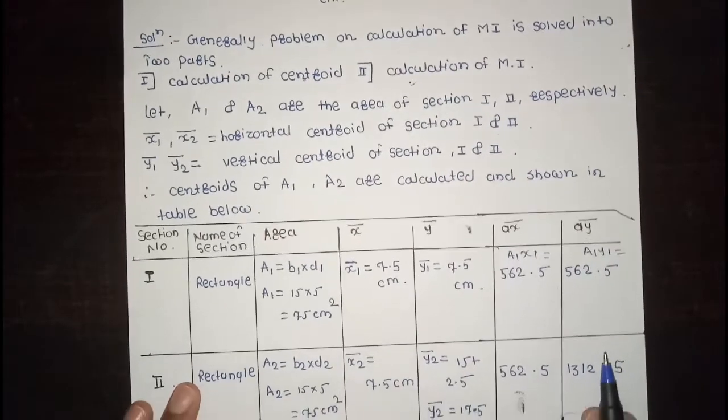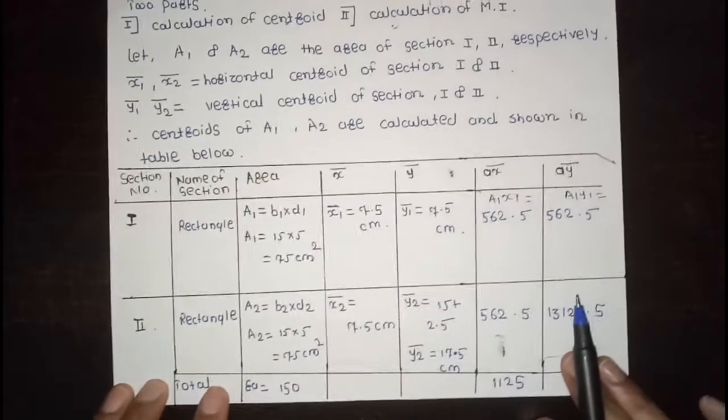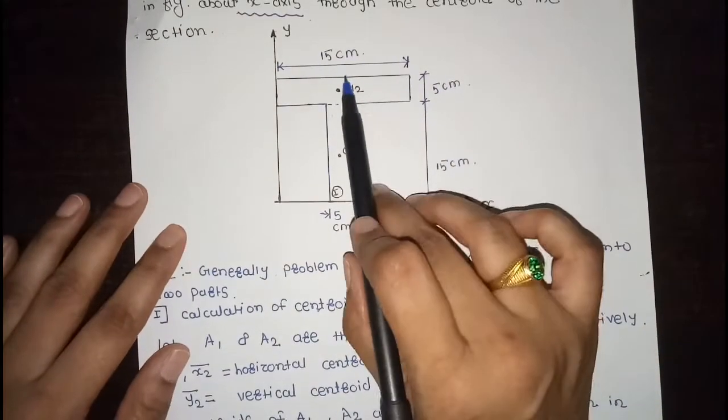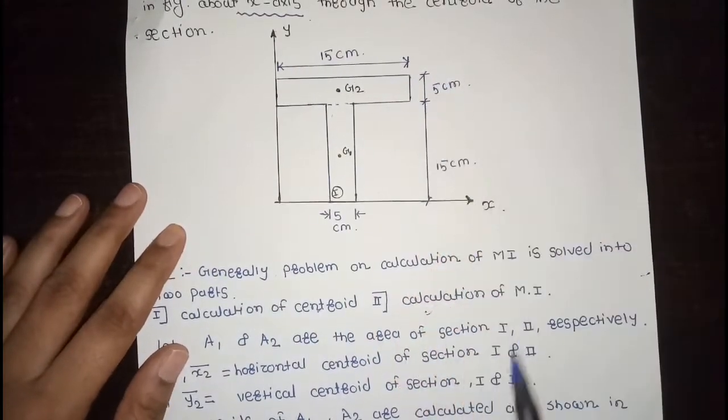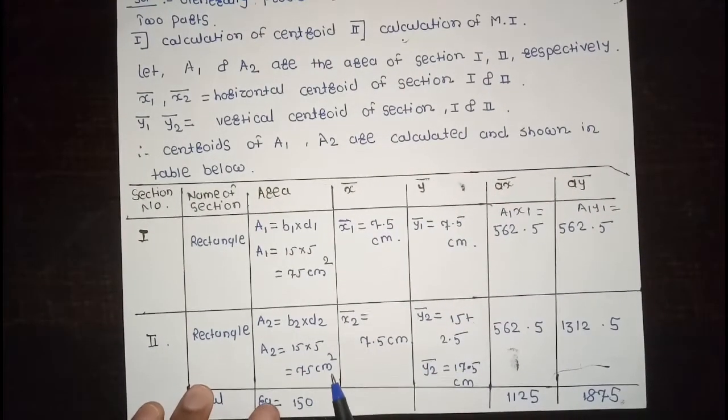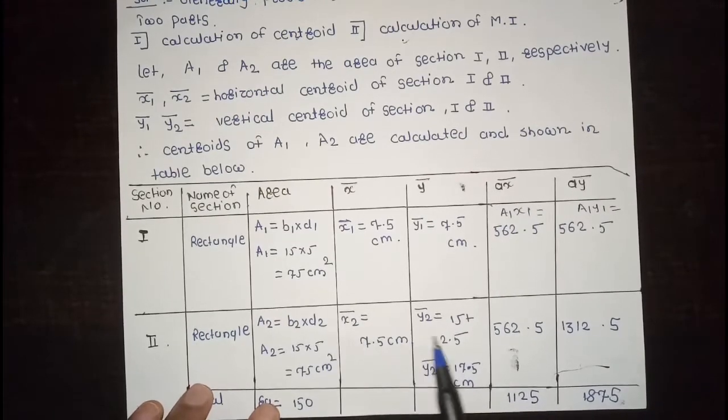562.5. The second section is the rectangle of the flange, having B equal to 15 centimeter and D equal to 5 centimeter. So 15 into 5 is 75 centimeter square. X2 bar is equal to 7.5 centimeter.